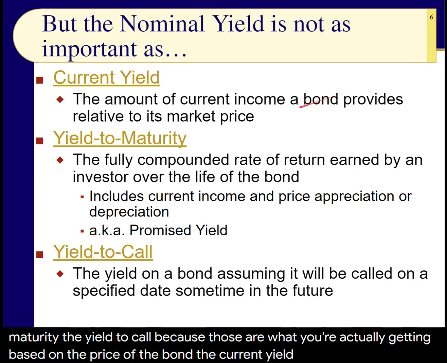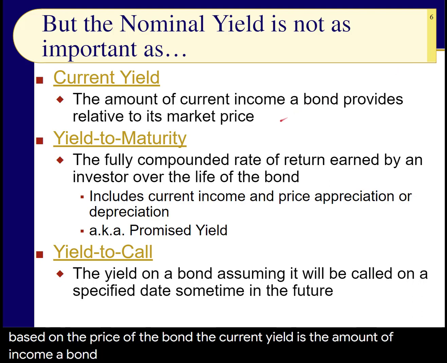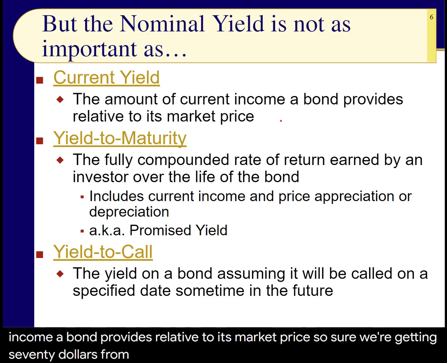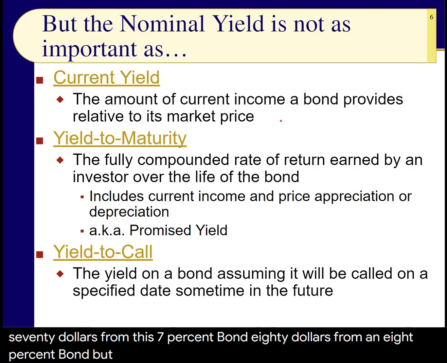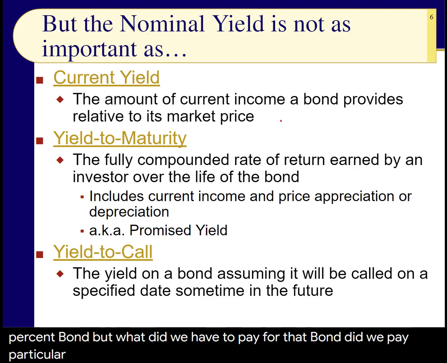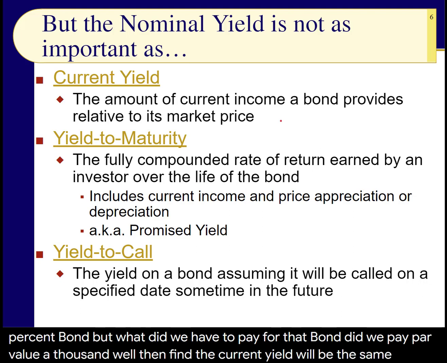The current yield is the amount of income a bond provides relative to its market price. So sure, we're getting $70 from this 7% bond, $80 from an 8% bond, but what did we have to pay for that bond? Did we pay par value, 1,000? Well then fine, the current yield will be the same as the coupon yield.